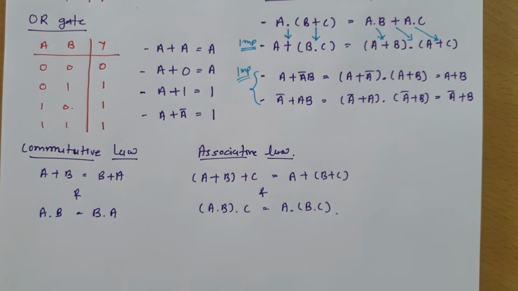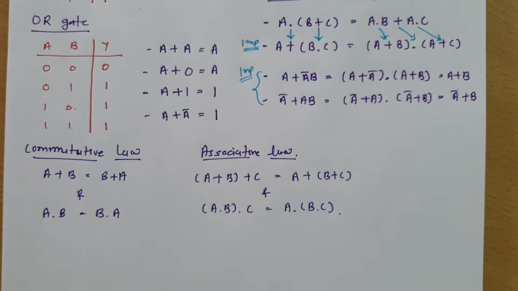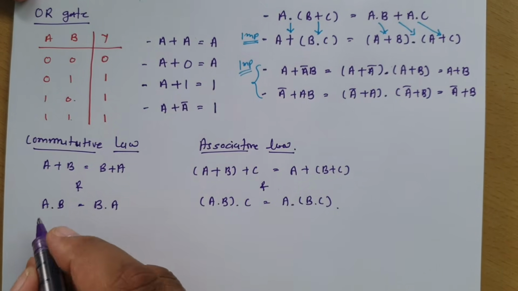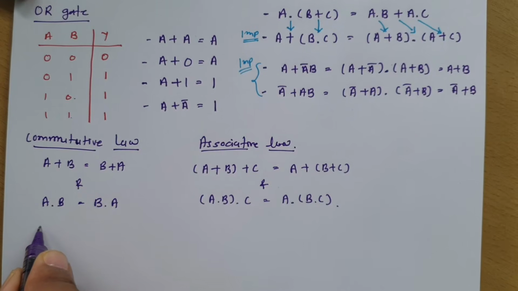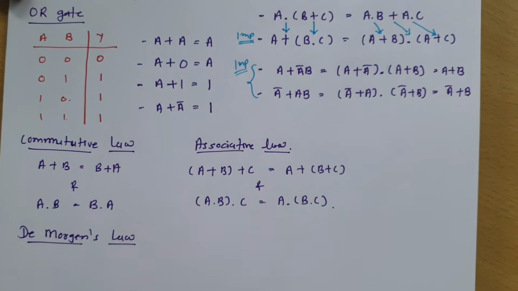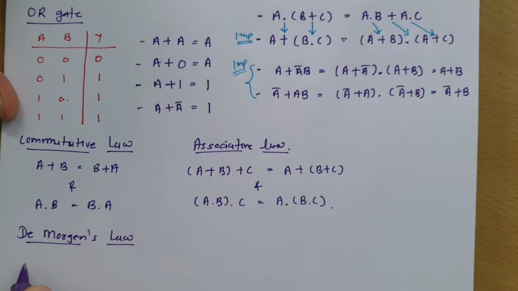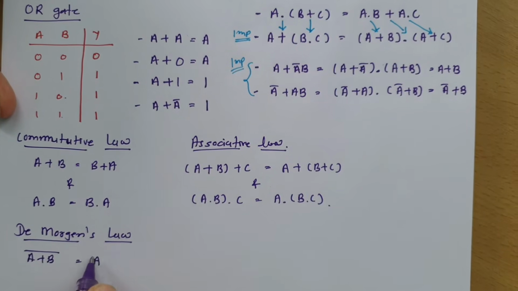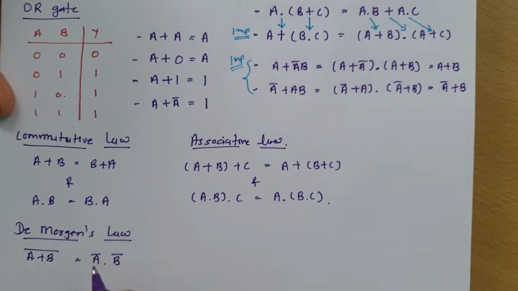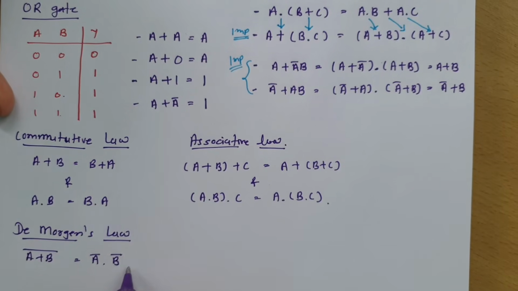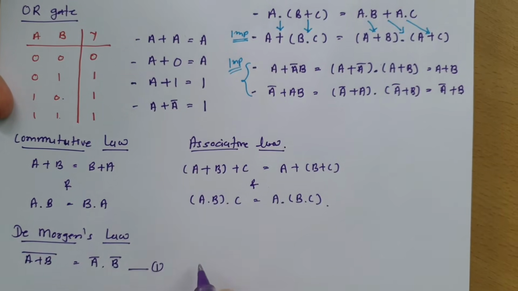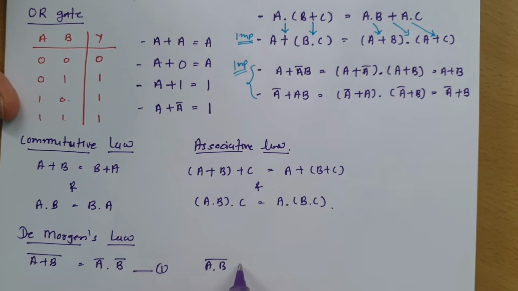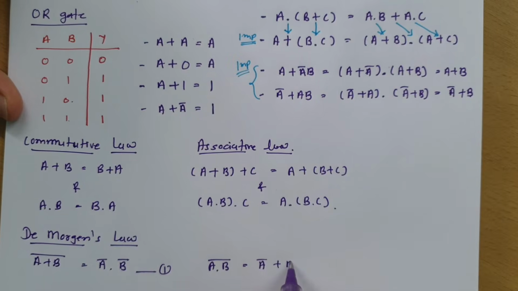Now a very important rule that we have already derived in my previous video, that is De Morgan's law. As per De Morgan's law, (a plus b) whole bar is equal to a bar dot b bar, and the second equation of De Morgan's law is (a dot b) whole bar is a bar plus b bar.